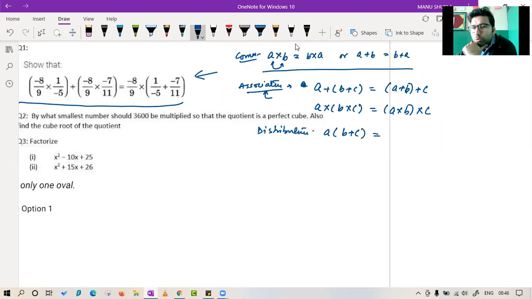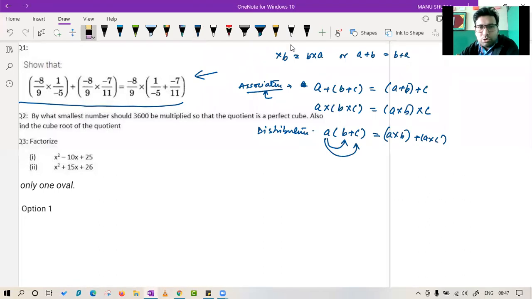So here we need to distribute this a on b and c. It becomes a cross b plus a cross c. This property we will use in this given question. So class, we can start now by taking the left hand side. I hope these properties you remember now. Let's start the question.